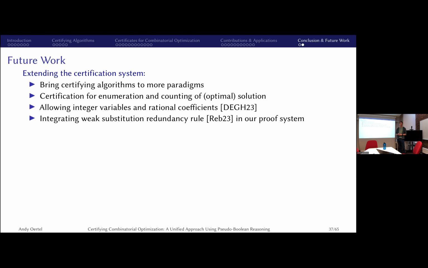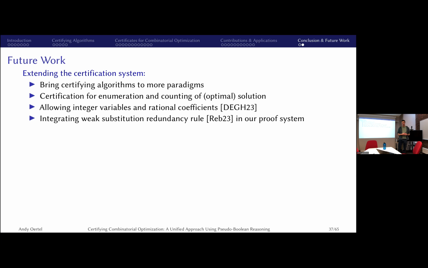As future work, it would be great to bring certification with this unified system to more and more paradigms. Then it would be great to extend the system to other types of results. Enumeration is one, but also counting of solutions.